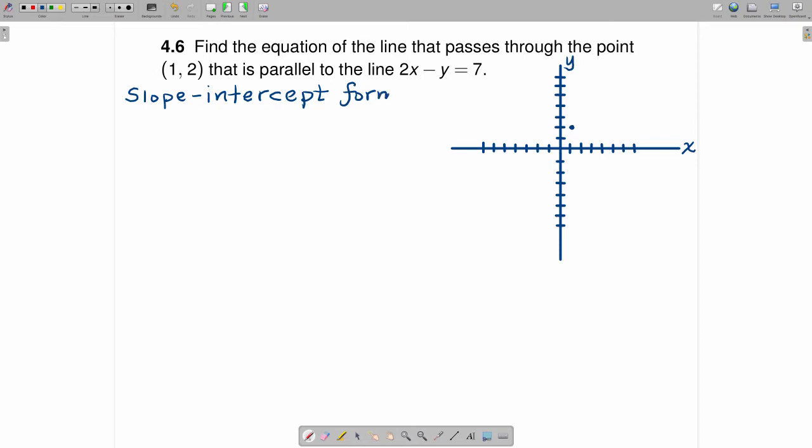And that slope-intercept form of a line is y equals mx plus b, where m is the slope and b is the y-intercept.